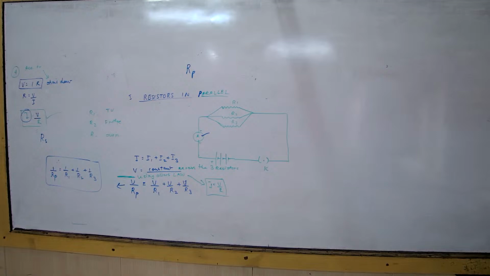Thus, we may conclude that the reciprocal of the equivalent resistance of a group of resistors joined in parallel is the sum of the reciprocals of the individual resistances. That is very important. Underline it. Many children forget to write the word reciprocal and the whole thing will go wrong.